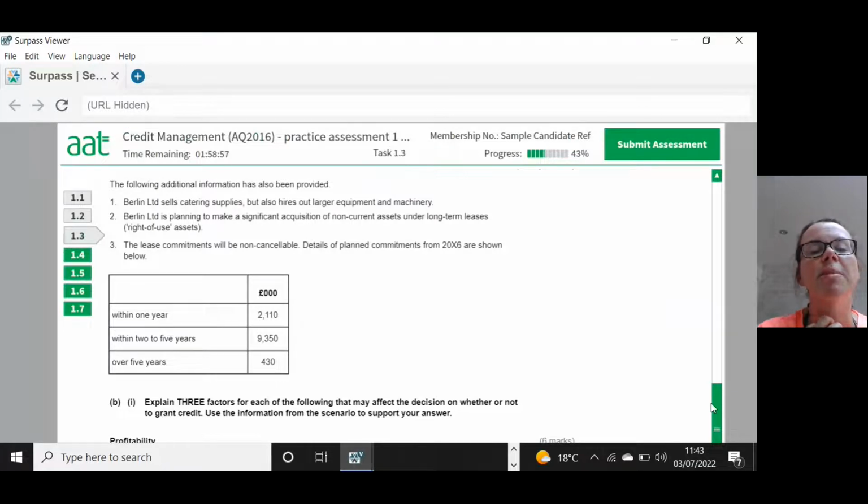And hopefully we remember that a right of use asset under a long-term lease is where even if we don't technically own the asset, we are recognising the asset in our statement of financial position and then the corresponding liability for the lease. The lease commitments will be non-cancelable. That means you can't get out of it. Details of planned commitments from 20x6 are shown below.